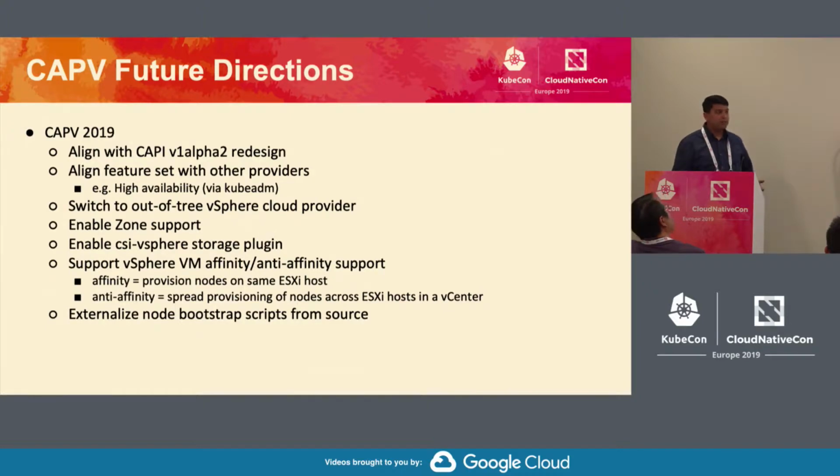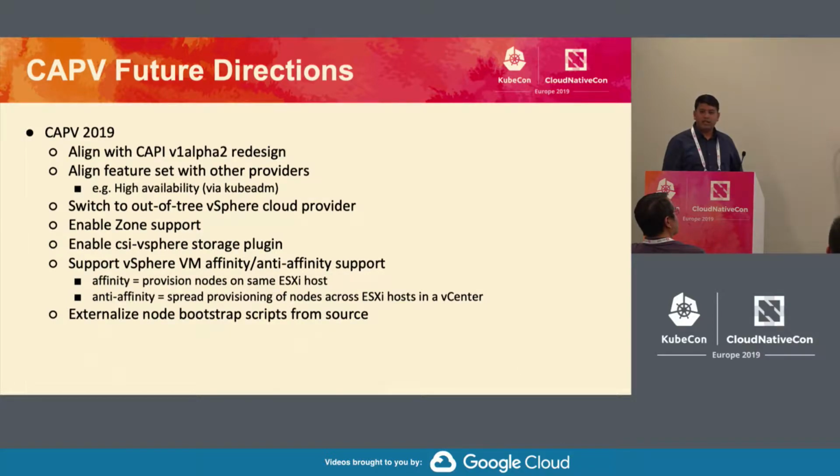From the CAPV perspective, more specific to the vSphere provider, first and foremost, CAPV needs to align with whatever changes come out of the v1alpha2 redesign. Other than that, we want to align the CAPV feature set with the other providers. For example, things like high availability and multi-master support.